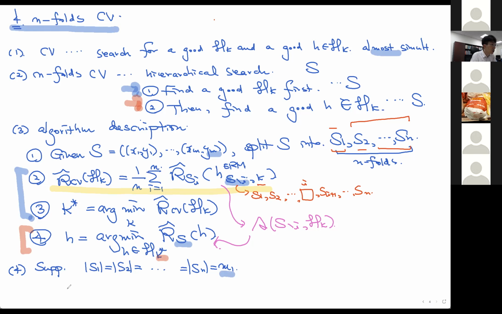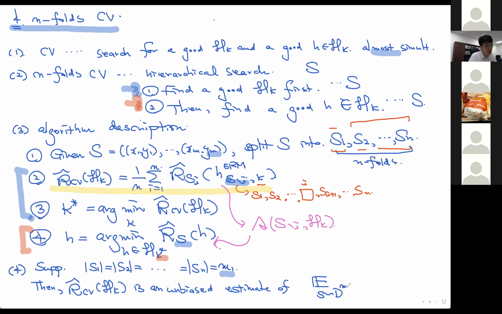So R hat CV of H_K is an unbiased estimate of the following, which is the expectation of R of the output, where S is sampled from the distribution, so we sample not M, but M1 samples, and then run the ERM algorithm over the sample S with hypothesis set H_K, then compute the risk.